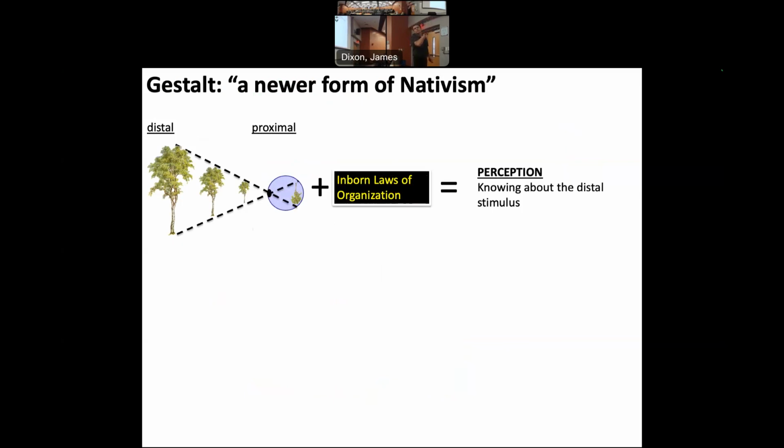So that's what we're calling your inborn laws of organization. And the result of that is your perception of, your knowing about the state of the world distally. Given this proximal stimulus combining with the laws of organization that I am carrying around with me as part of my perceptual system, I now know that there's a tree. That's the general story.